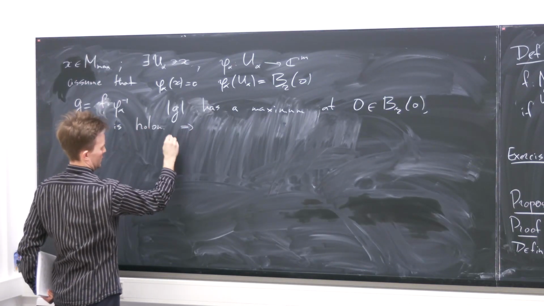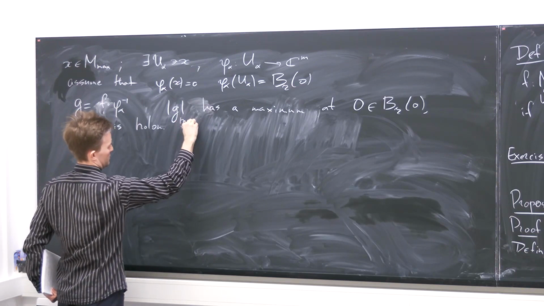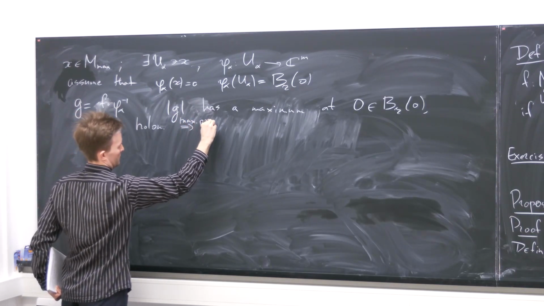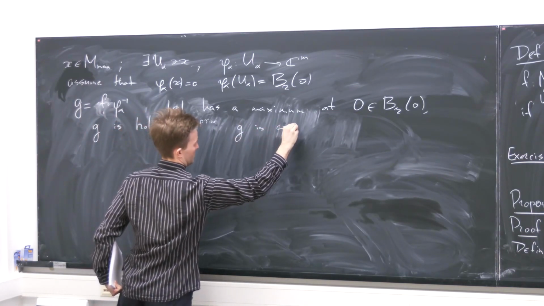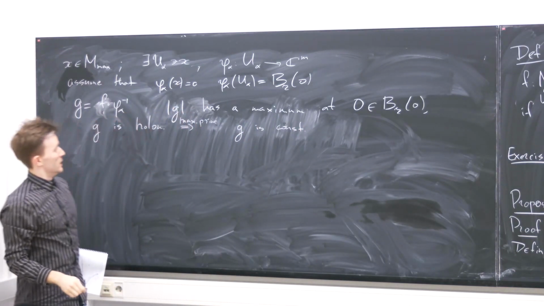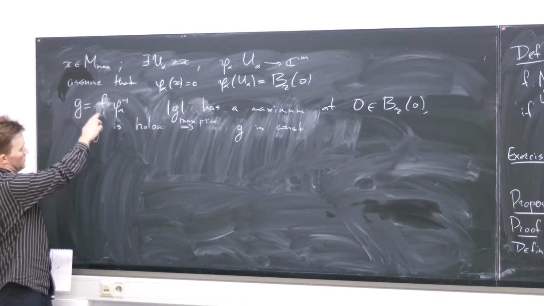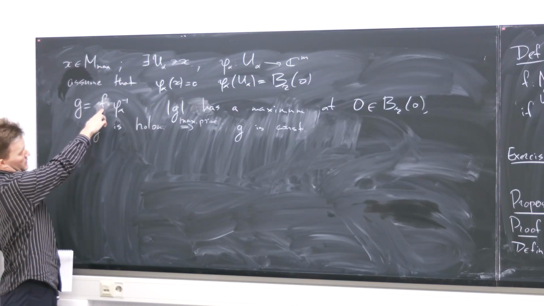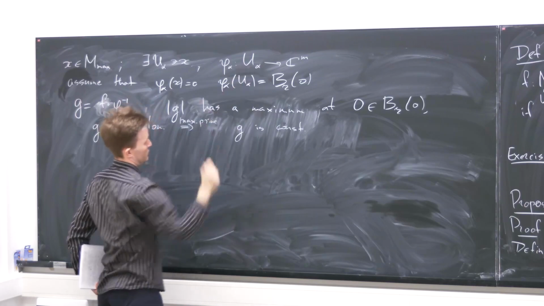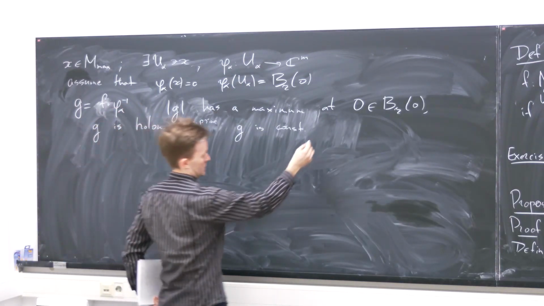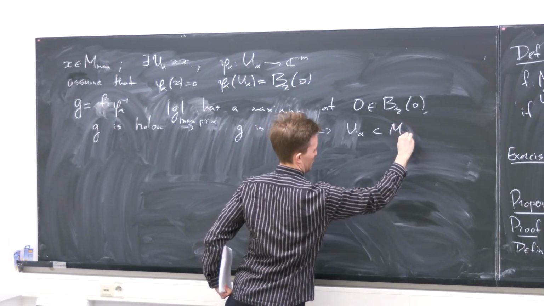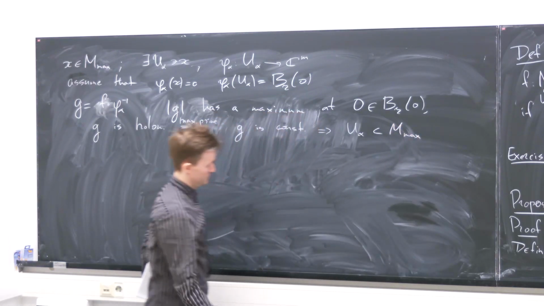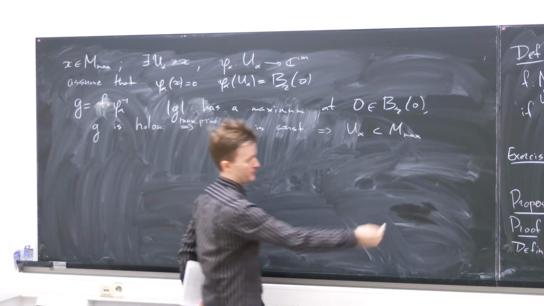So by maximum principle, g is constant, right? So then we see that also f is constant in this neighborhood U alpha, and so U alpha lies in M maximal, and this completes the proof.